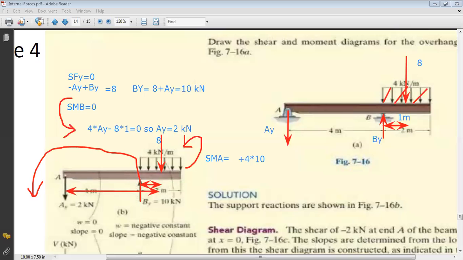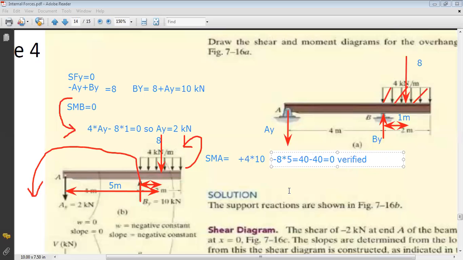So the whole distance is 5 meters. And now I have a negative moment for my distributed load, and it is minus 8 times 5. So you get 40 minus 40 equals 0. So it is verified, and my calculation is true.